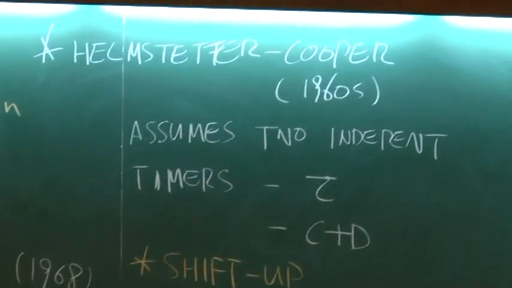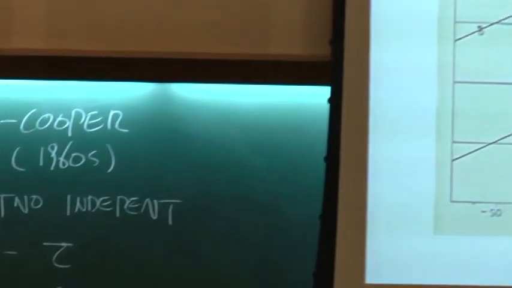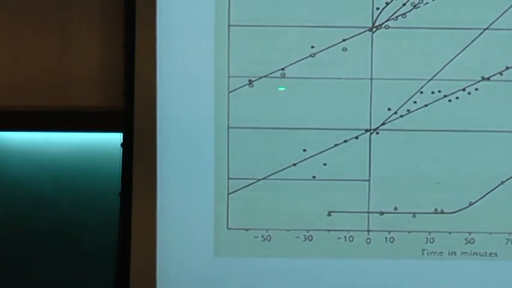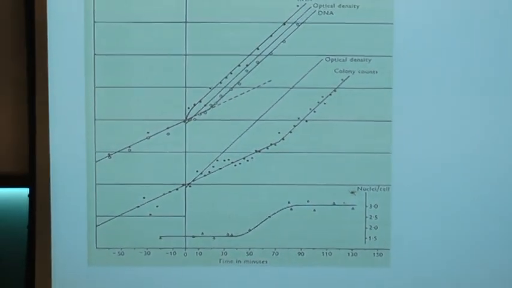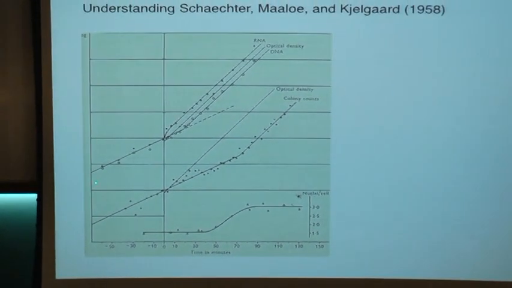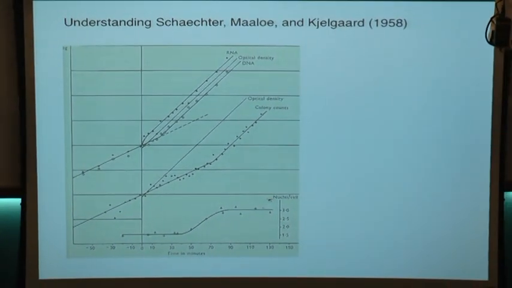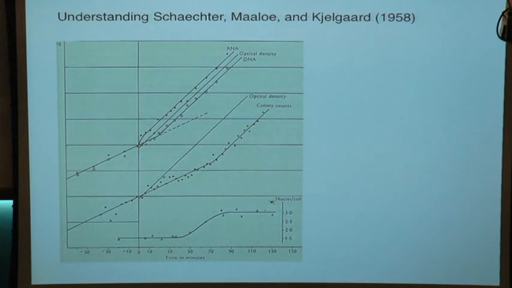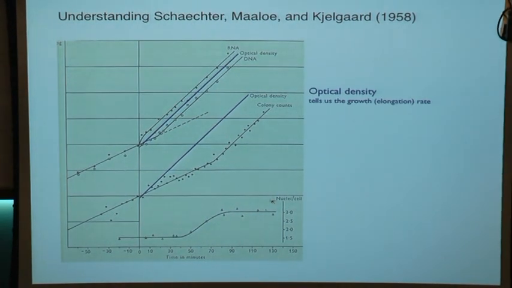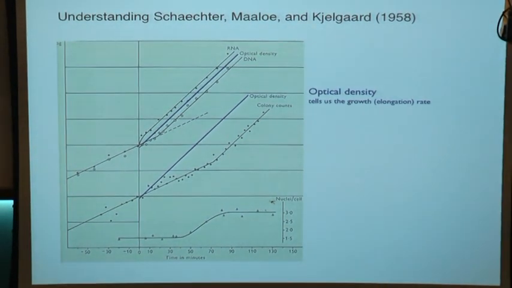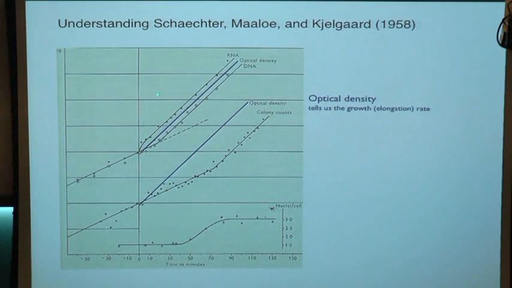So this is the actual data from the second 1958 paper. You remember these curves? The x-axis is the lab time, the actual time in minutes, and the y-axis is for various parameters. This particular line was the optical density. It is about how fast the biomolecules synthesize and multiply in a tube.